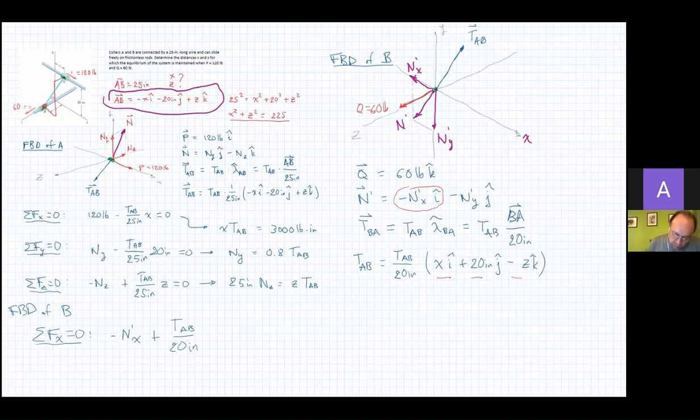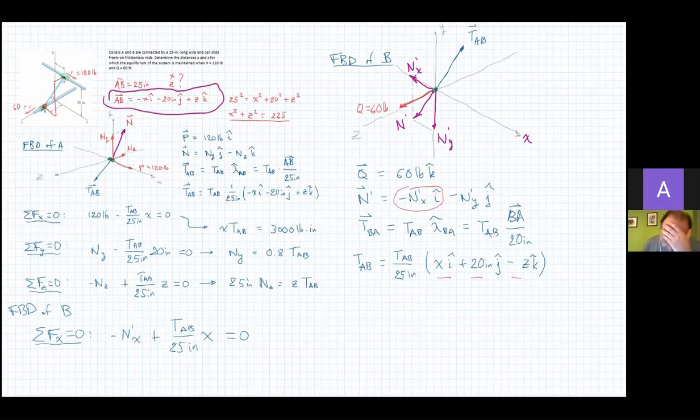Actually, no, it's not 20, it's 25, right? It's 25 here. TAB over 25, x, equals 0.